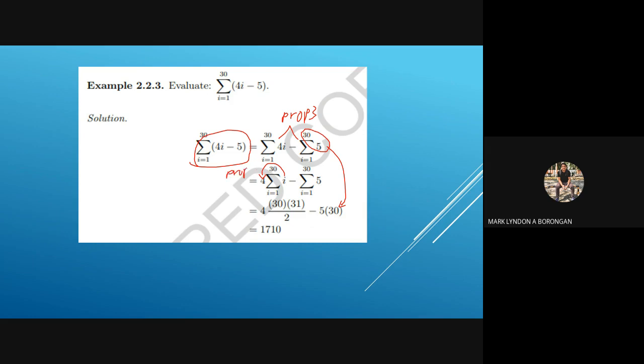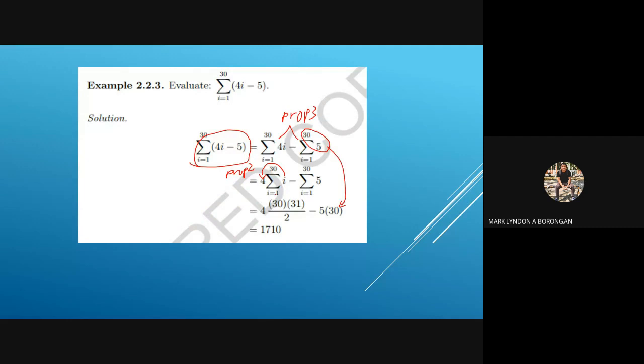Then there's the i, and its formula is n times n plus 1 over 2, where n is 30 and n plus 1 is 31. So, that will be 4 times 30 times 31 divided by 2 minus 150, or 5 times 30. To simplify this, you'll get 1,710.